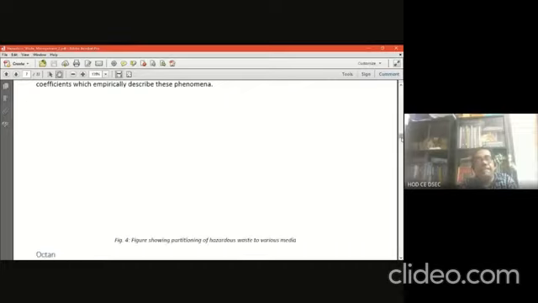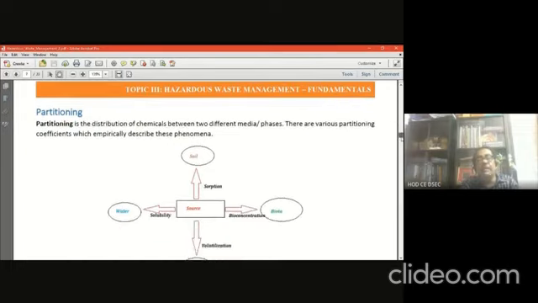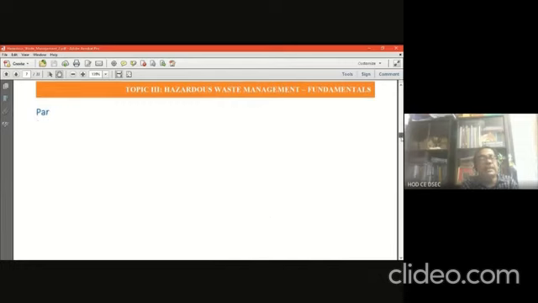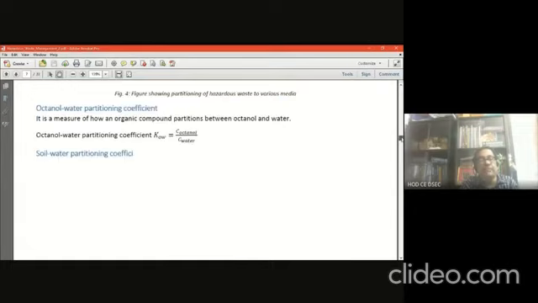Now, partitioning is the distribution of chemicals, say hazardous waste chemicals, between two different media or phases. There are various partitioning coefficients which empirically describe this phenomenon.